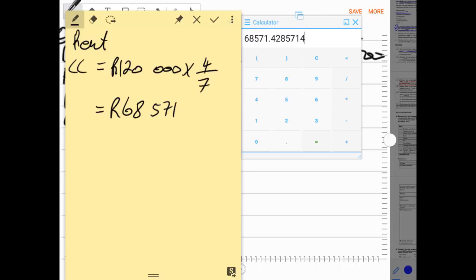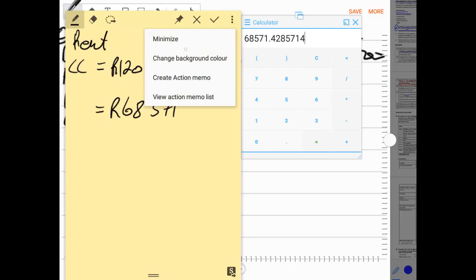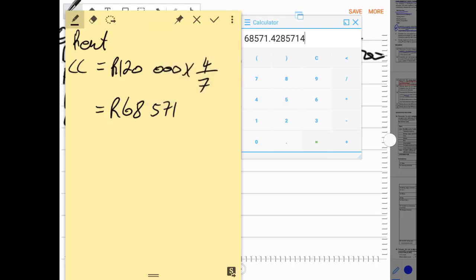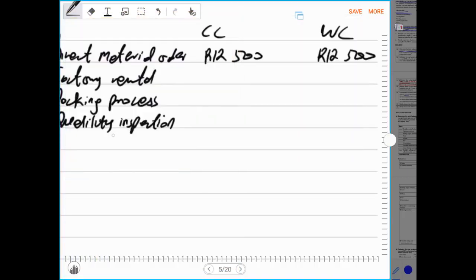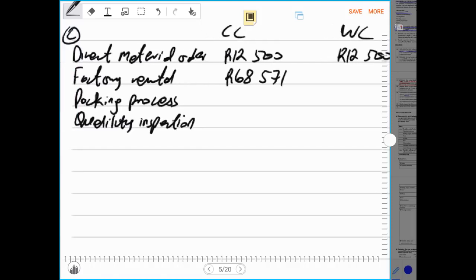Let's recalculate: 120,000 times 4/7 is 68,571. So we allocate 68,571 as rent to product CC.